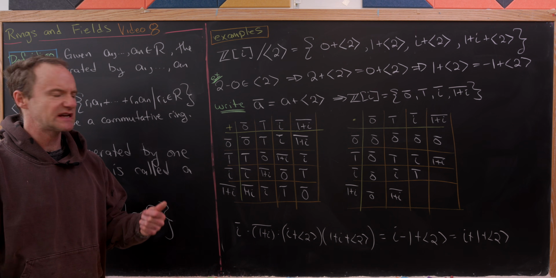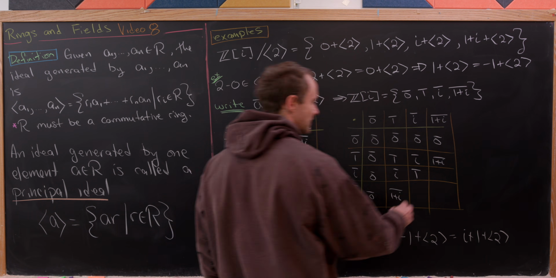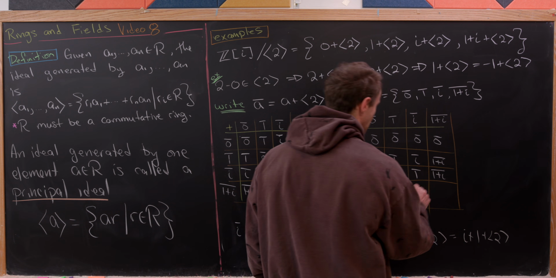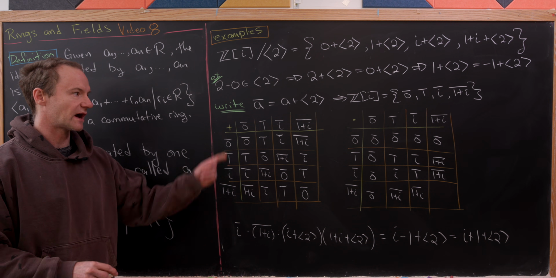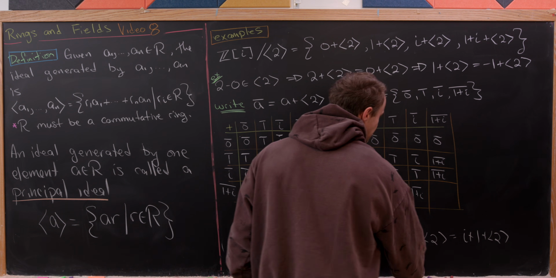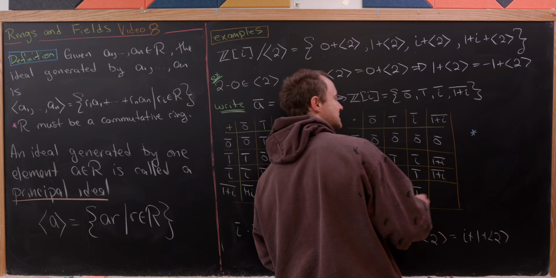So that's pretty interesting. If I multiply I with 1 plus I, I simply get 1 plus I. So here I get that this is 1 plus I bar, and then this is simply also 1 plus I bar. Now let's do one more calculation. So that would be this 1 plus I times 1 plus I. Let's maybe bring that over here, and maybe I won't write out the cosets in this case.